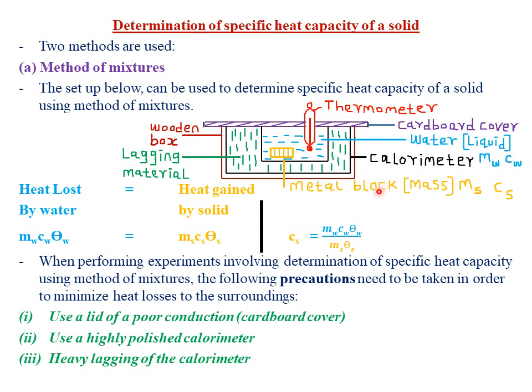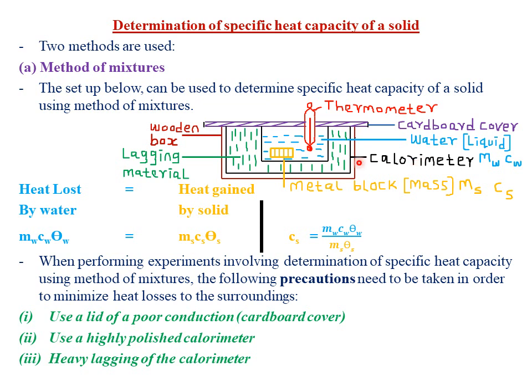We also need a metal block whose mass is known, in this case MS, whose specific heat capacity is the one that we want to determine. You also need some lagging material, a wooden box, and of course a calorimeter for preventing heat loss to the environment.